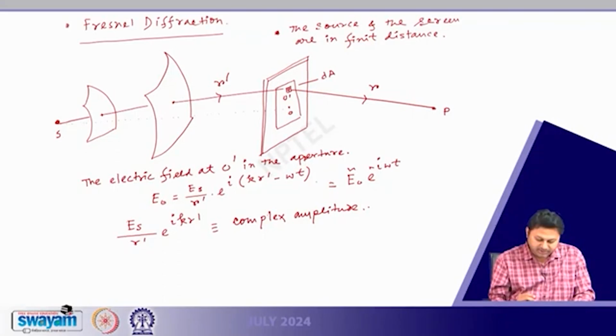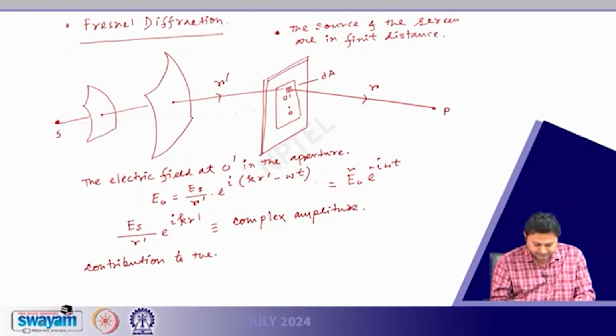If I try to find out that contribution here, I can write the contribution to the resultant field at P, that is, I am talking about this point now, at P due to the small area dA.